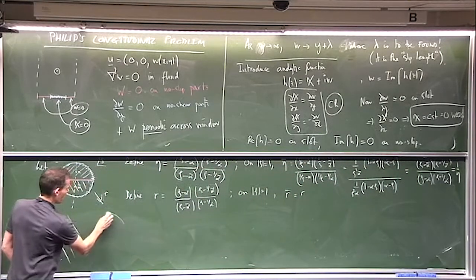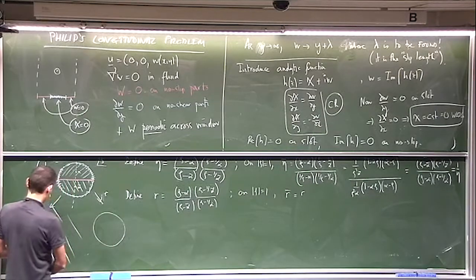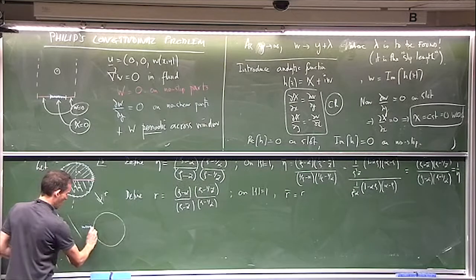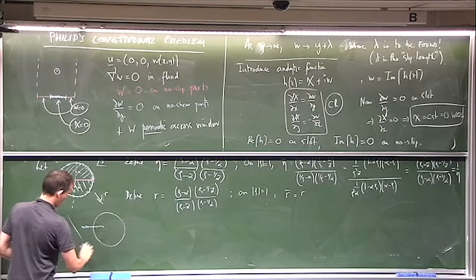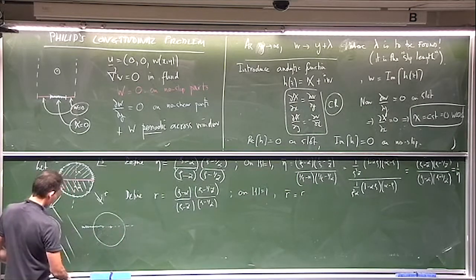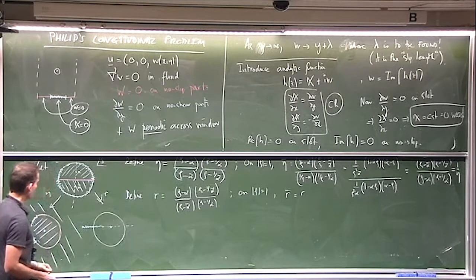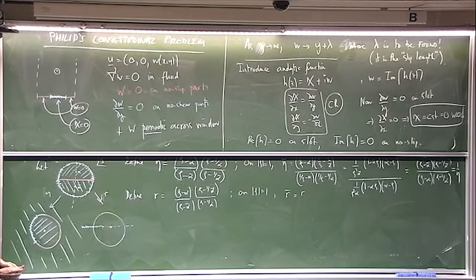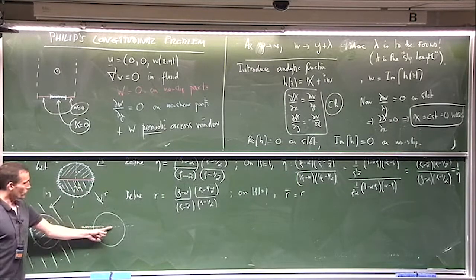So do you know what this maps to under R? It maps to this. Real axis. Again, this maps to the origin.